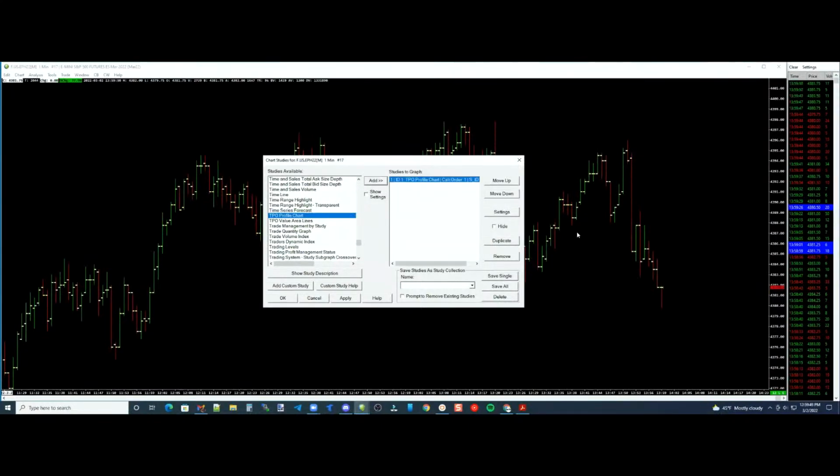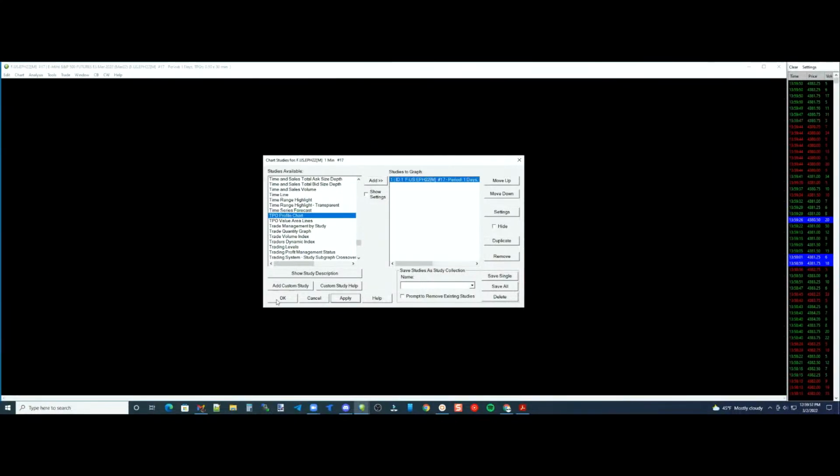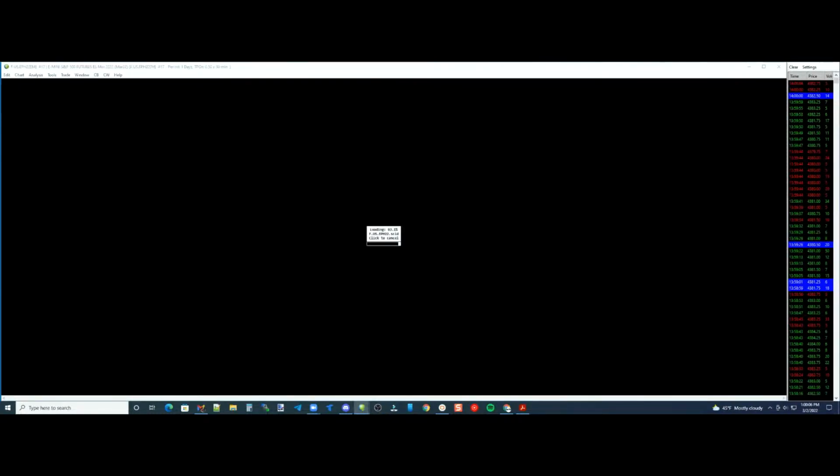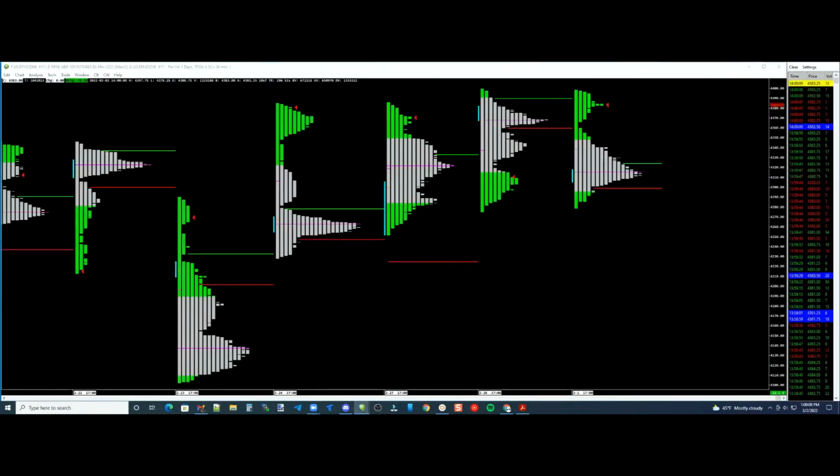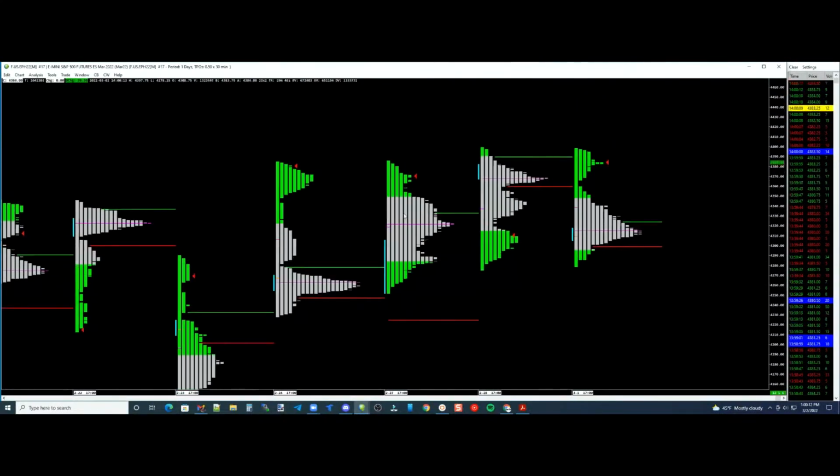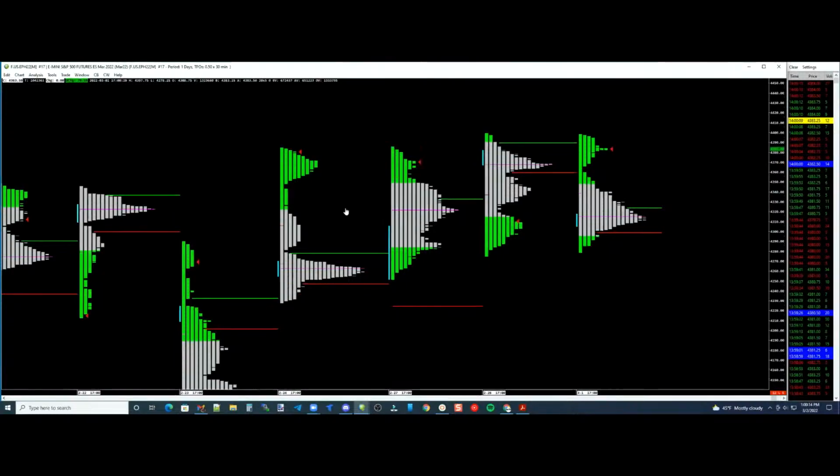So go ahead and add your study, your TPO profile, and we're just going to hit apply. Okay. And it's going to give us the out of the box settings. Let's let it load up. Now, this is your out of the box market profile settings. Okay.